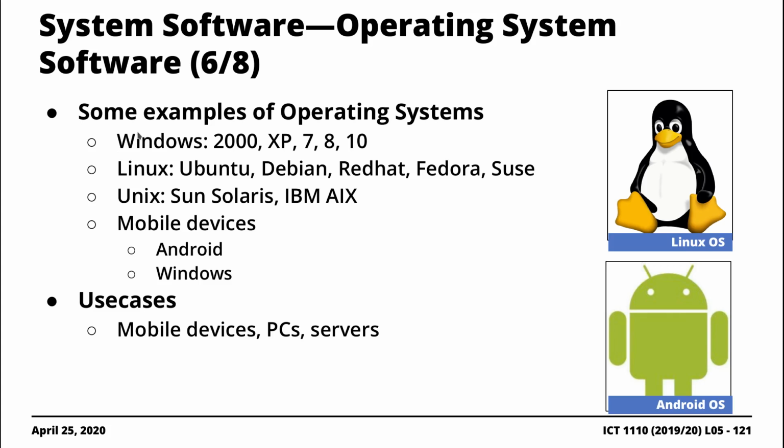So Windows, for instance, has types of operating systems that are specific to server computer systems, right? So Windows Server operating system, for instance. These examples given here are specific to microcomputers, right? So Windows 2000, XP, Windows 7, 8, and Windows 10.